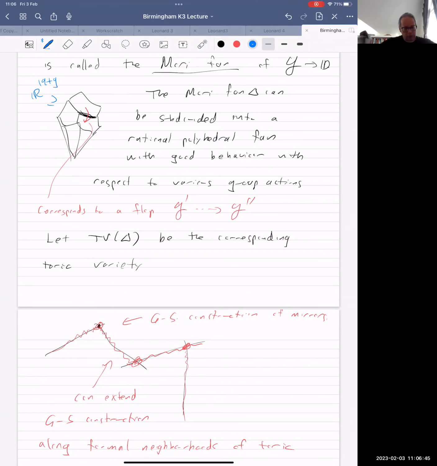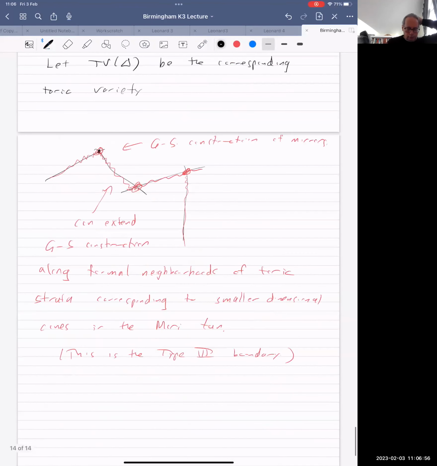These families are simply too large in dimension, but there's a nice trick, which I'm not going to go into the details of, for cutting down the dimension of this family.